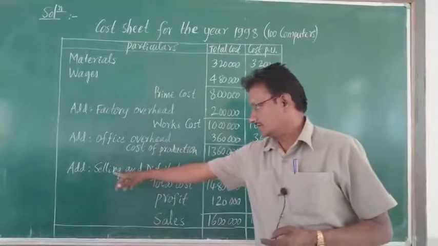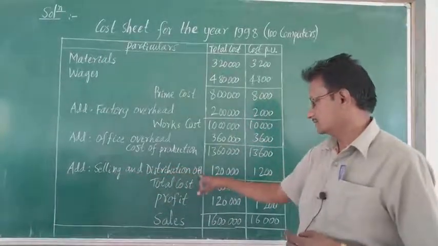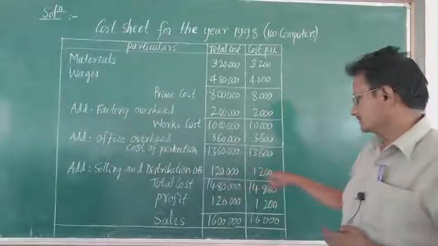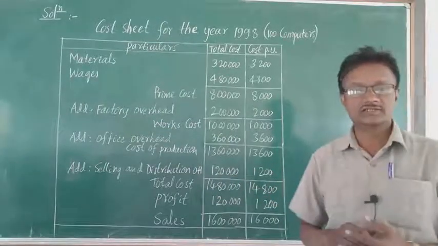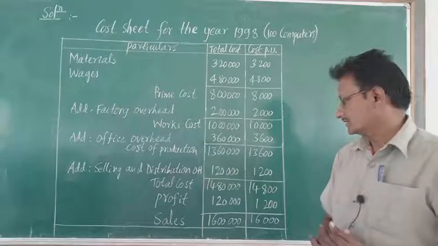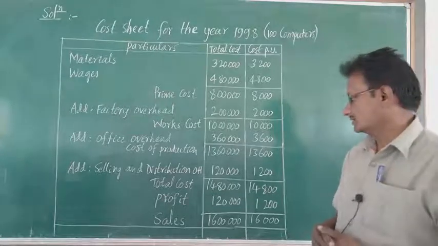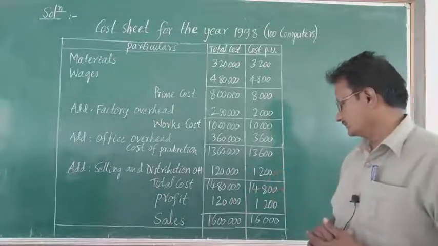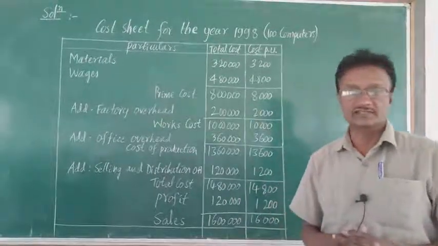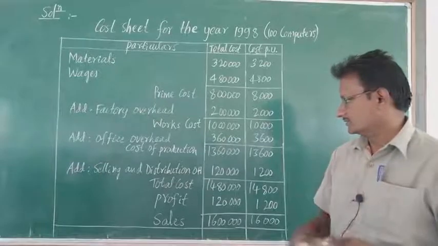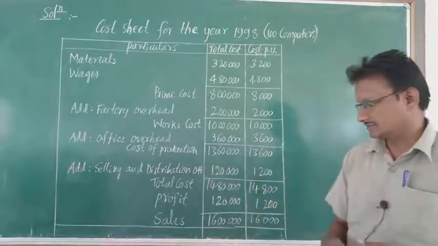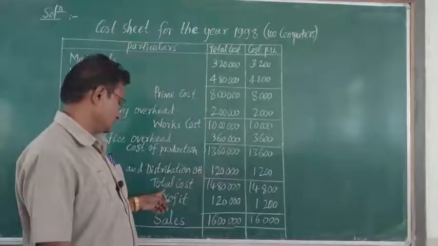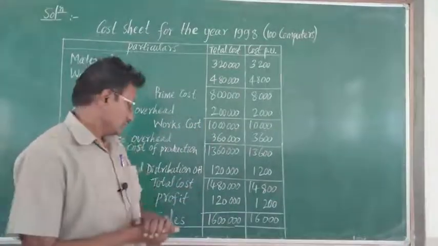So add selling and distribution overhead, 1,20,000 given. Per computer it becomes 1,200, and the total is 14,80,000, and per computer 14,800 is the total cost.